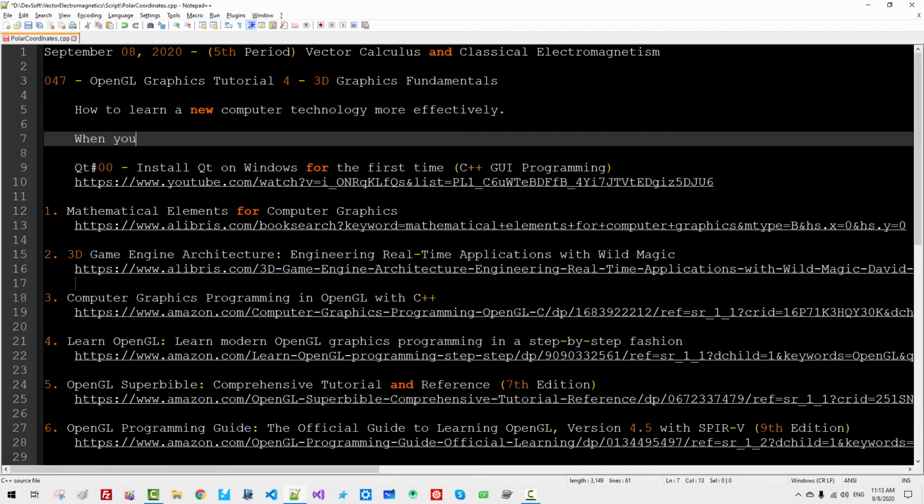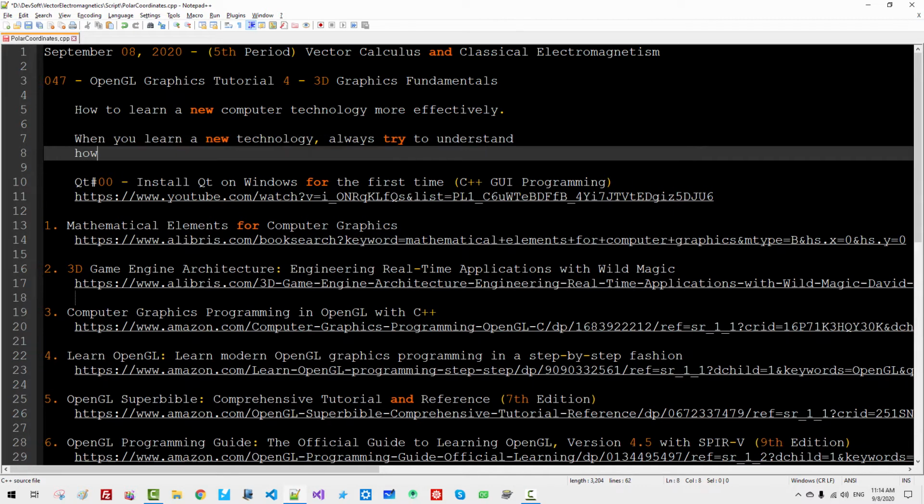When you learn a new technology, always try to understand how the technology has evolved over time.